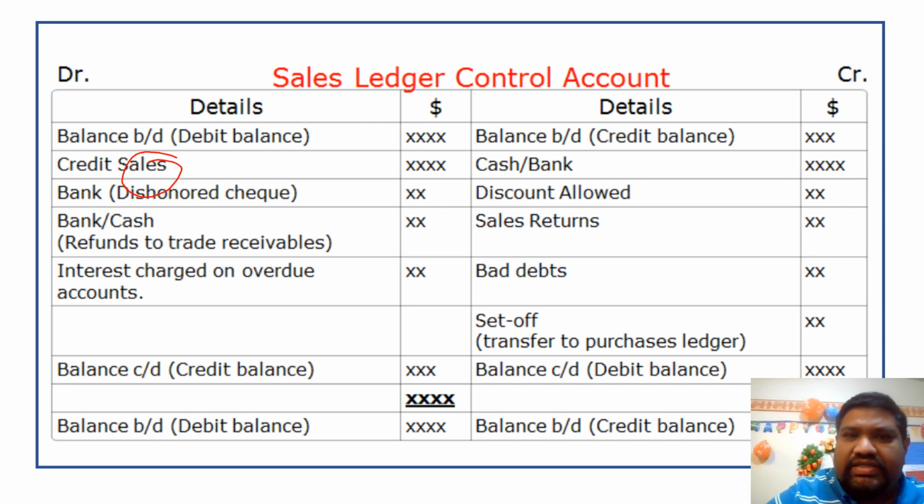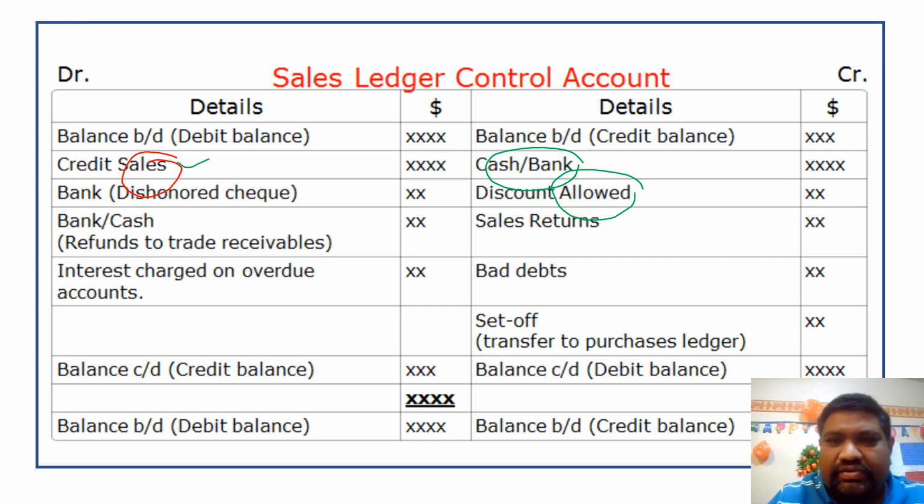If we have credit sales, we receive amounts from our customers, that is cash and bank received from customers. If they are paying within the time or before the promised time, we give some discount, that is discount allowed, it is an expense for us. Then if there are any unsatisfactory goods, they'll return them to us, that is my sales returns.